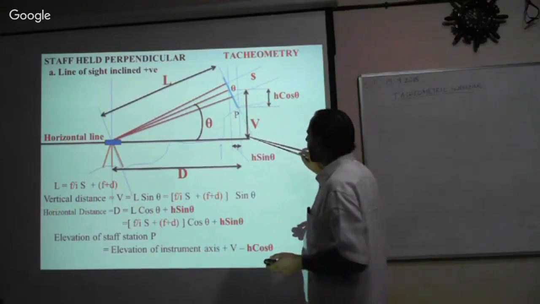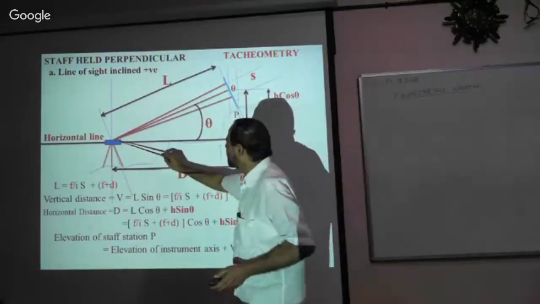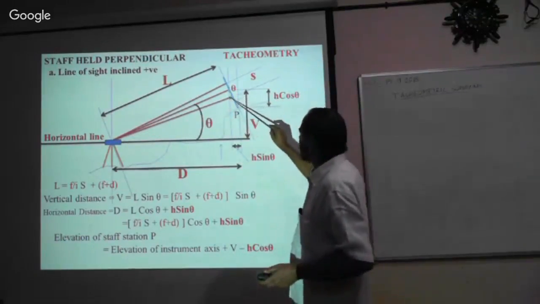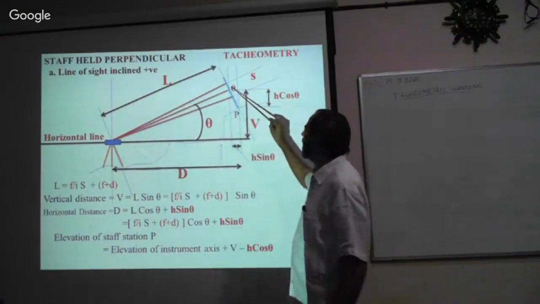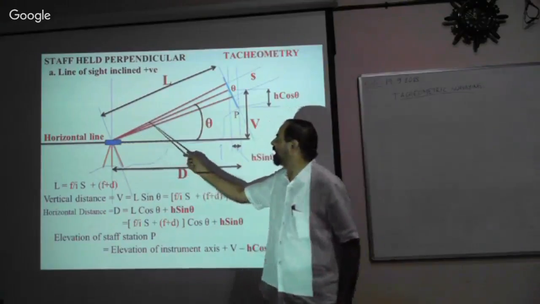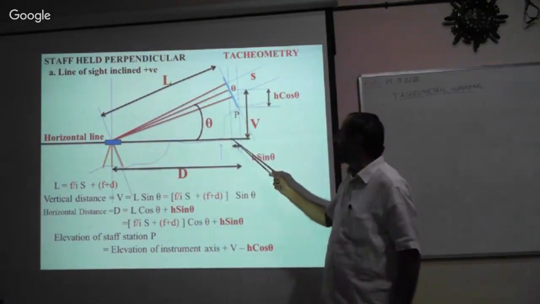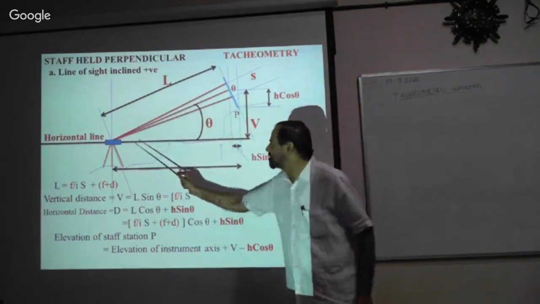Now similarly, to find out V, that is L sin theta. Consider this triangle. By handling this triangle, we can calculate this distance.